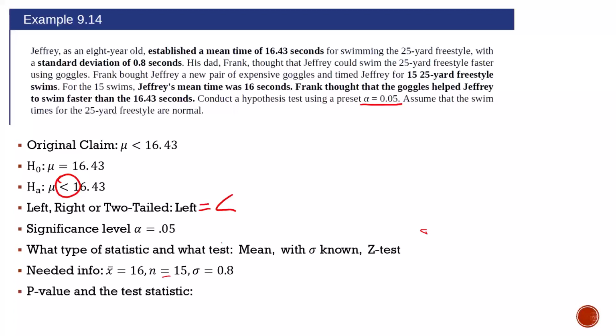Okay. So now we're going to calculate the p-value and the test statistic using our calculator instead of by hand. So you know the variety of tools that are available to you.